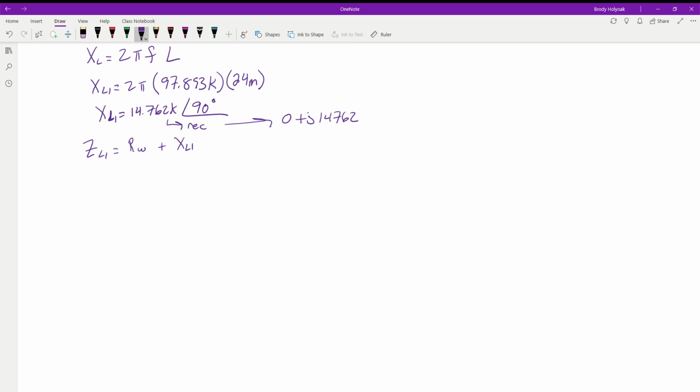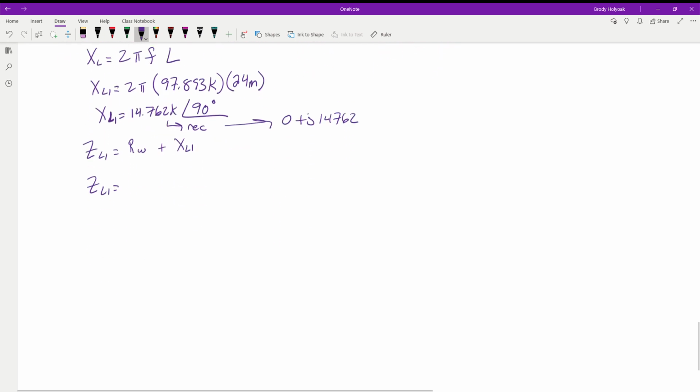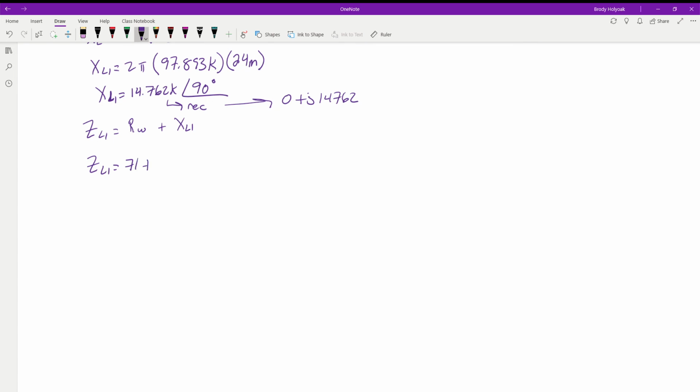We know that our winding is just resistance, there's no other component to it, so that is 71 plus J of 0. That's the total impedance of that resistance, plus 0 plus J 14,762. We combine like terms, and we end up with an impedance total of L1 equal to 71 plus J of 14,762.